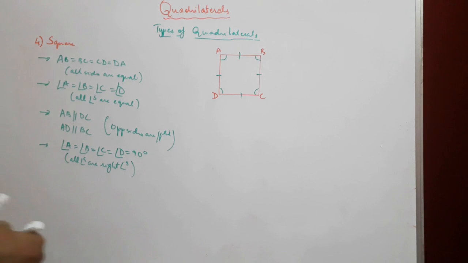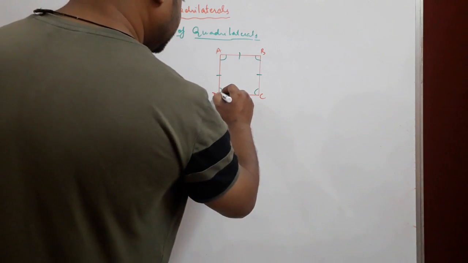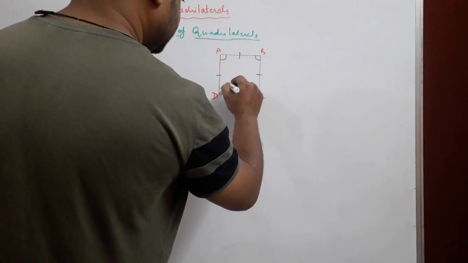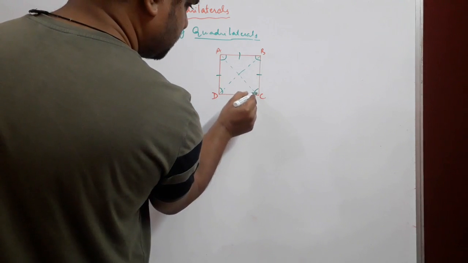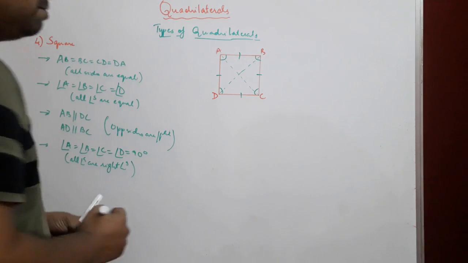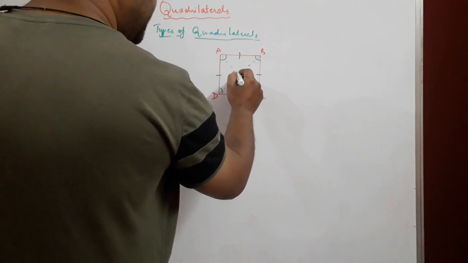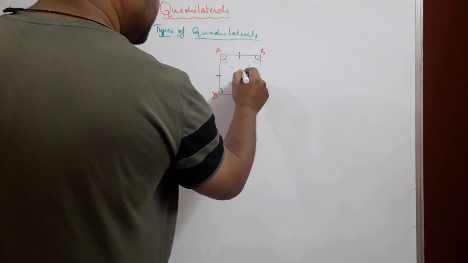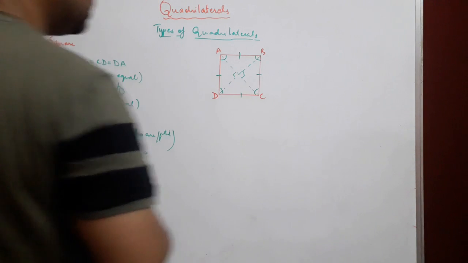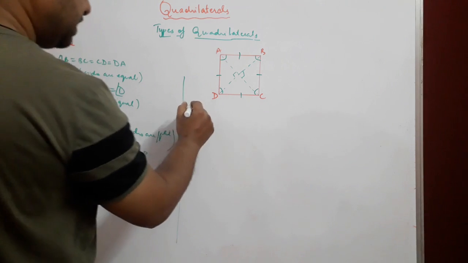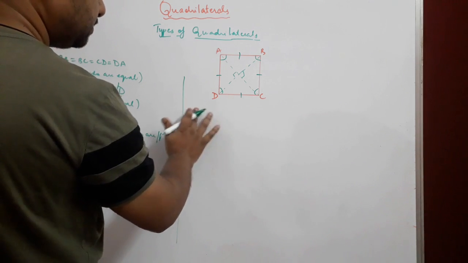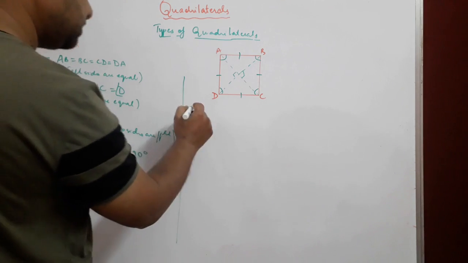But the important point to be noted in case of these diagonals is that the diagonals of a square bisect each other at 90 degrees or at right angles. So I'll list them down over here. It's true that they bisect each other. That means there are two things.